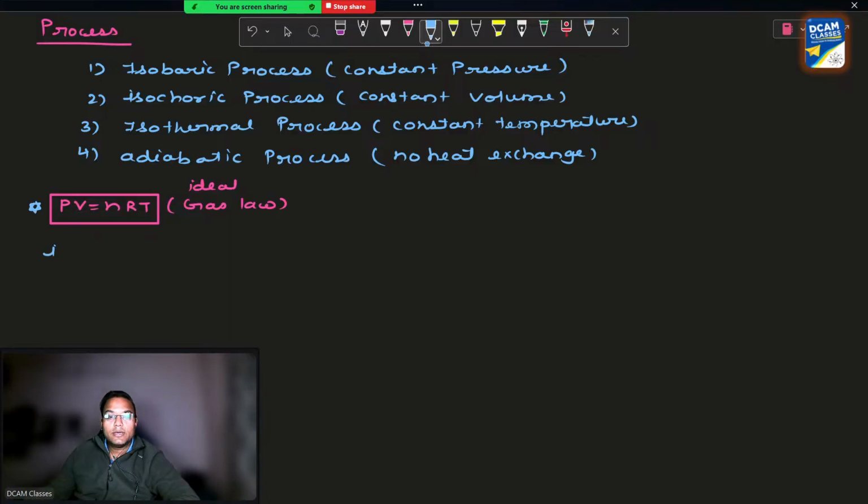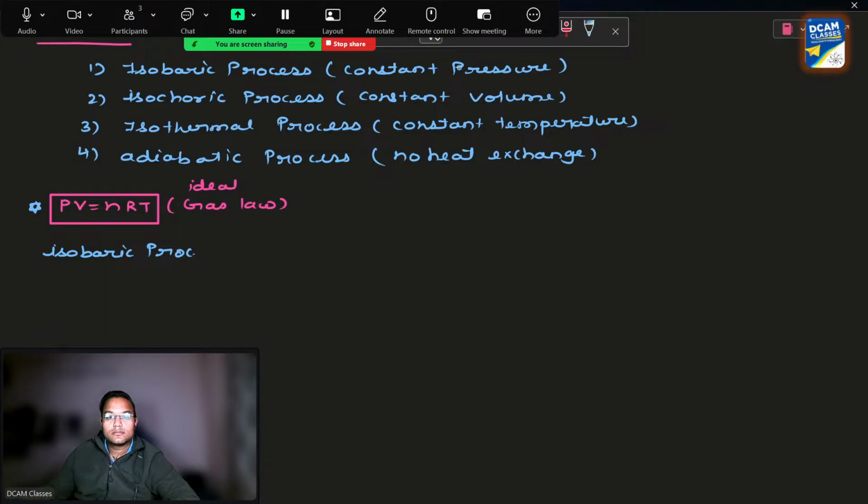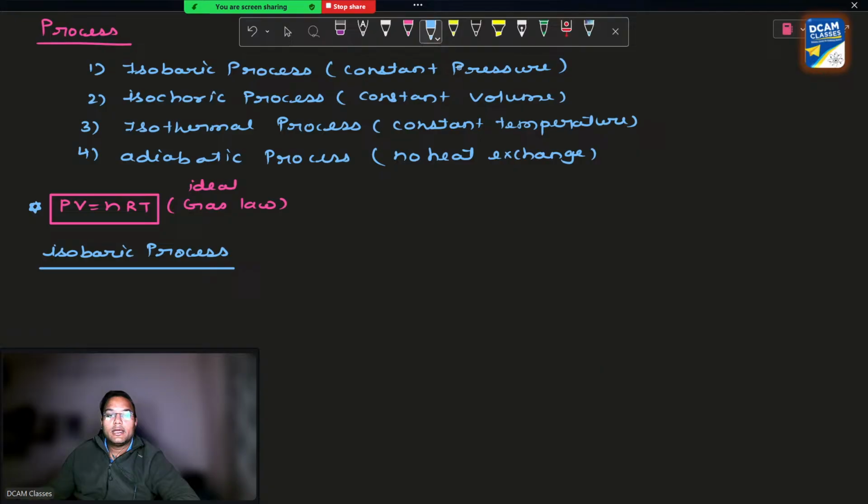Now coming to isobaric process. In isobaric process, P is equal to constant. So whenever P is constant, if we talk about PV is equal to nRT, n is what? Do you know something about this? What is n? What is R?